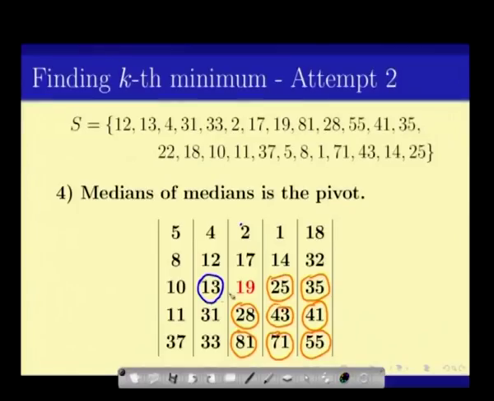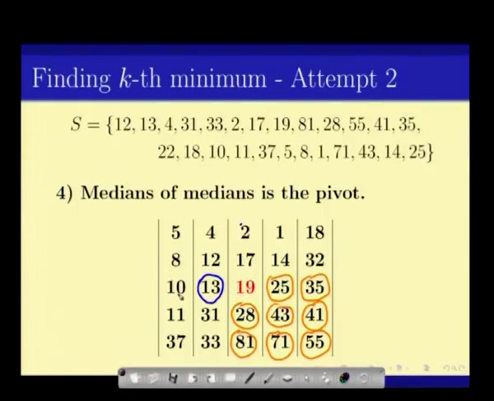Just like that, we can see that 13 is smaller than 19, because we had sorted this median row, and 13 was before 19, so 13 is less than 19, and similarly 10 is less than 13, which is less than 19.